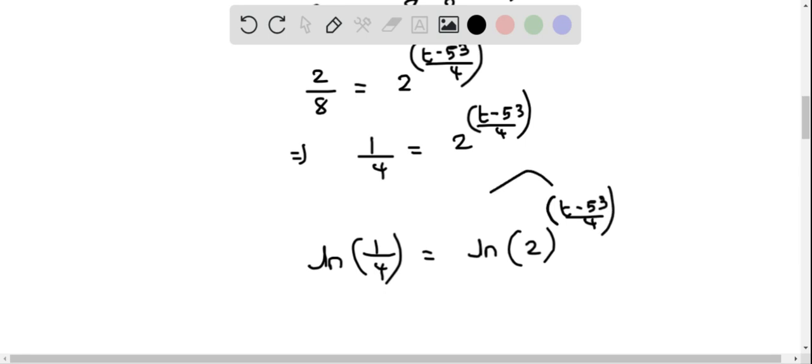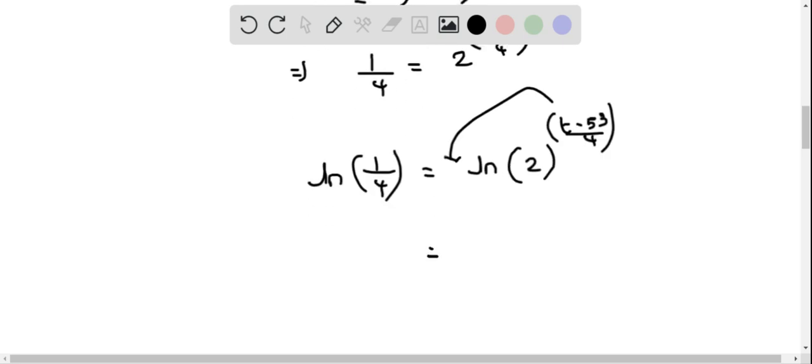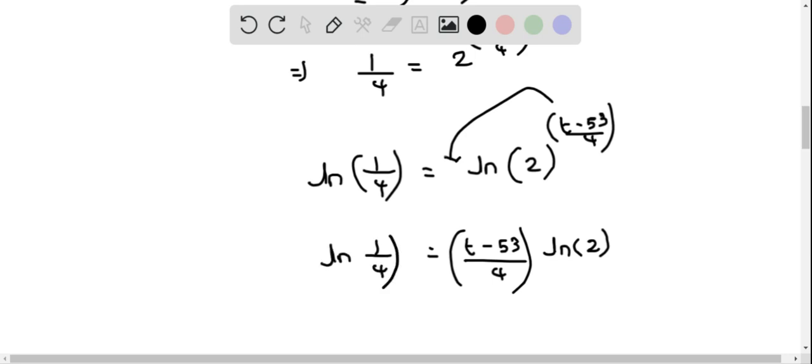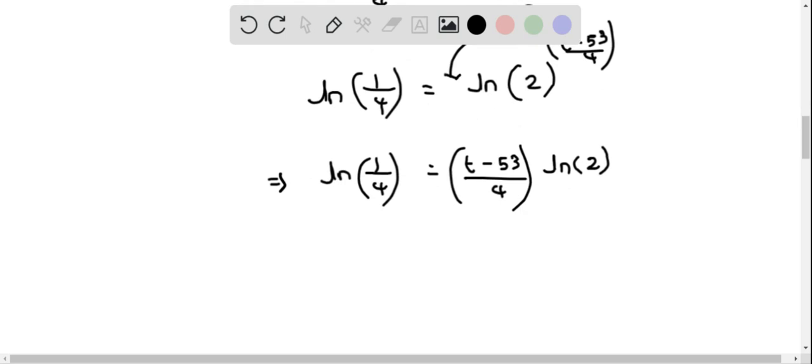Now we can put this expression into front using the power law of natural logarithm. And so this equals t minus 53 over 4 times natural logarithm of 2. And here on the left side we have natural logarithm of 1 fourth. Now we can solve for t first by dividing both sides by natural logarithm of 2. So I divide by natural logarithm of 2, and this will get removed from here.